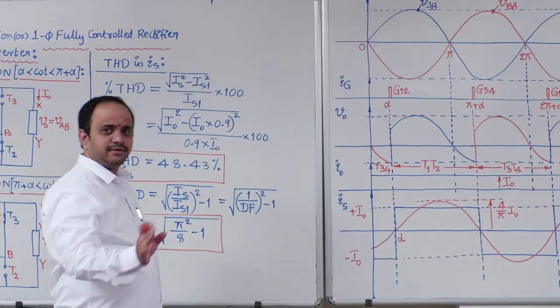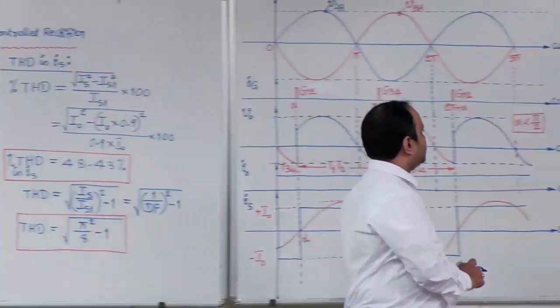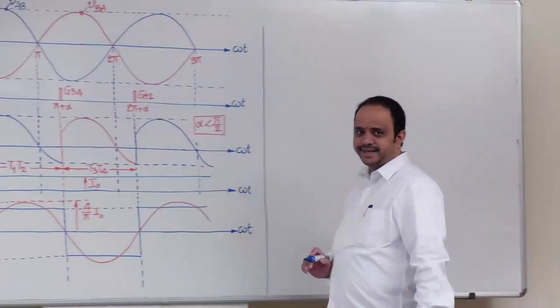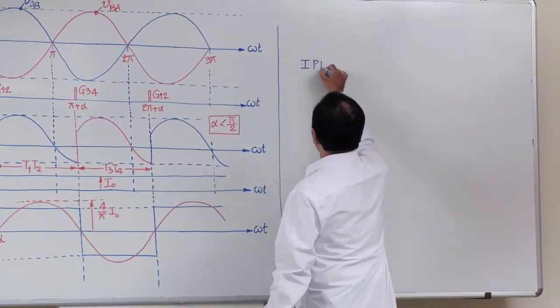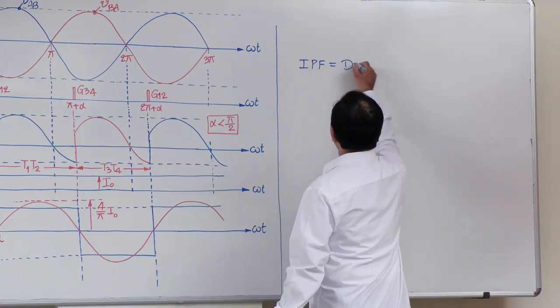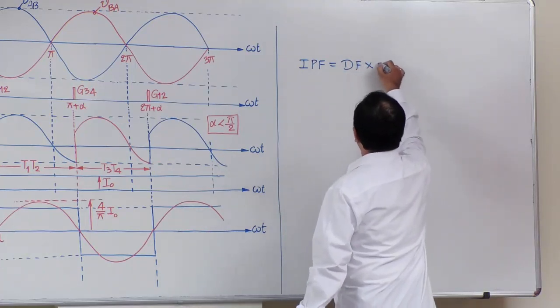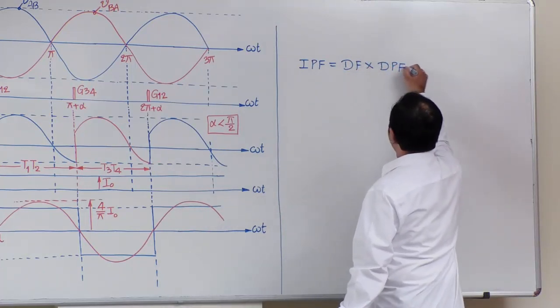Now there is another way of representing the input power factor using THD. Input power factor is equal to DF into DPF.